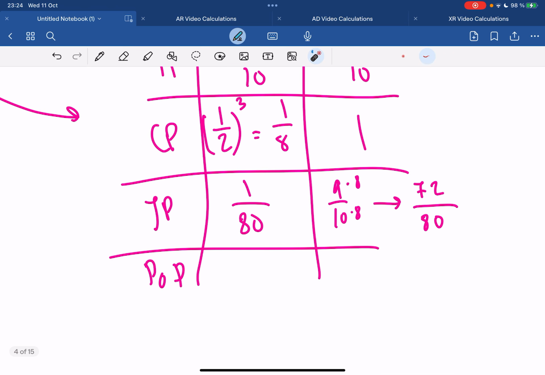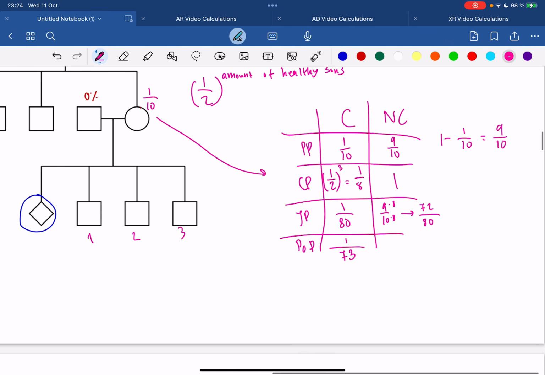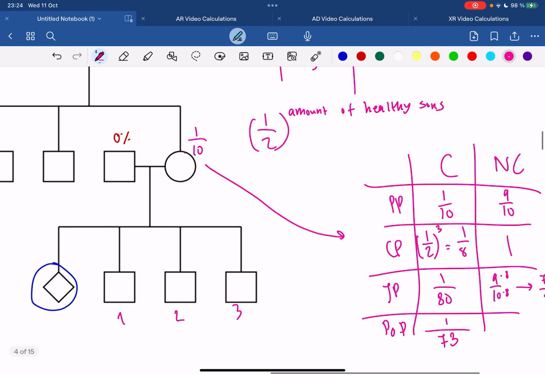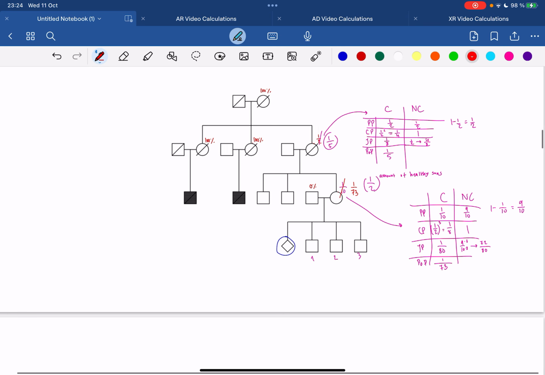And now for posterior probability, we just take the numerator up here, and then the numerator for the left side plus the numerator for the right side. So 1 plus 72 equals 73. Finally, we know her updated probability, and that is 1 out of 73, so we can take that away.